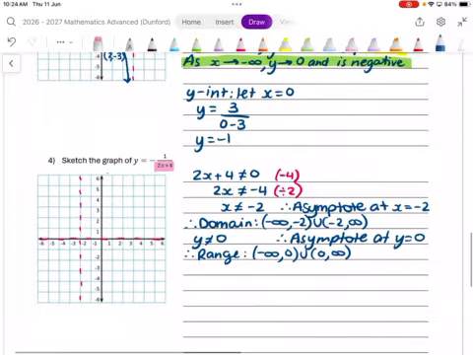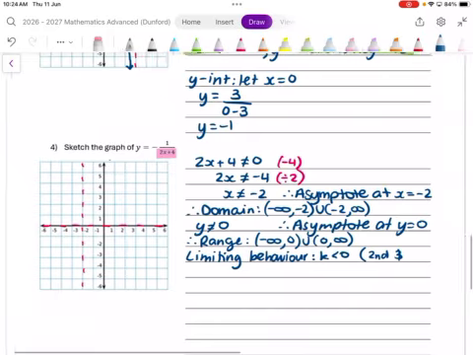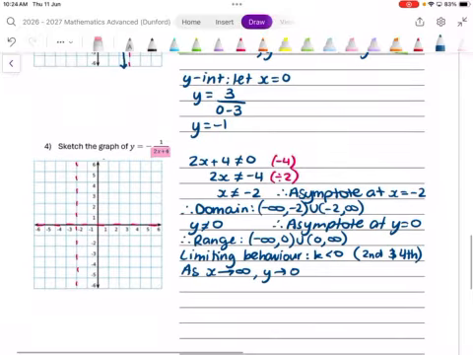Okay, like I said, our limiting behaviour is that we have k is less than 0. So this means we're in our second and our fourth quadrants. Okay, so what we have is as x approaches infinity, we'll have that y approaches 0 and is negative.